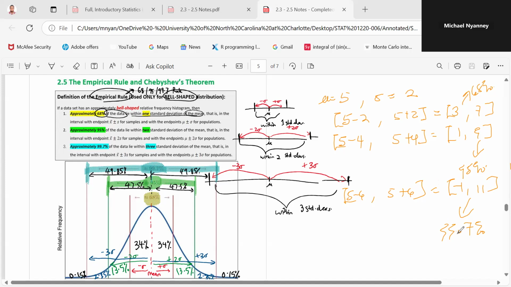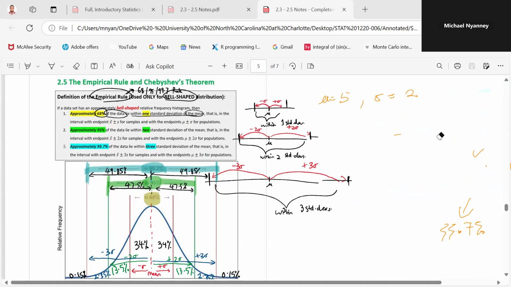There's something interesting to also note. As we are increasing this interval, we are adding some percentages to the previous percentages. So for us to understand this diagram that I'm circling, I'll be doing some explanation here.